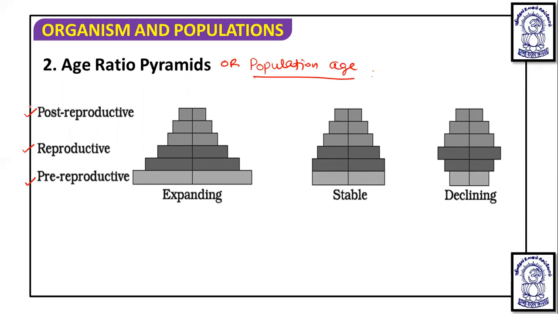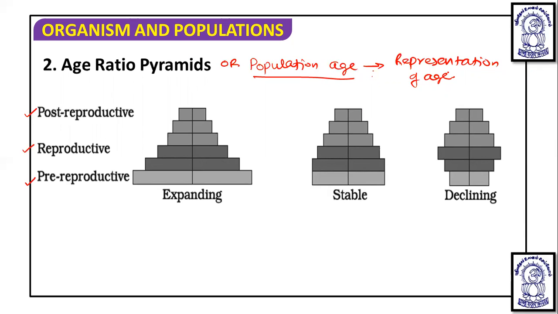So the representation of population age is carried out by the construction of age pyramids. So an age pyramid is a graphic representation of the proportion of various age groups of a population.